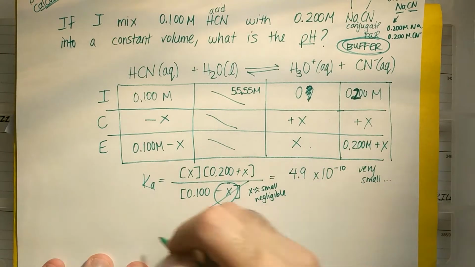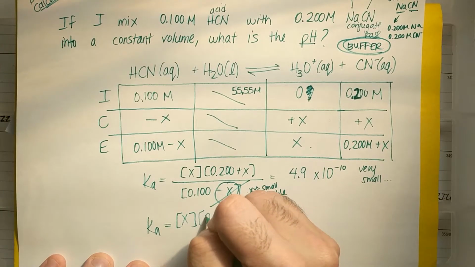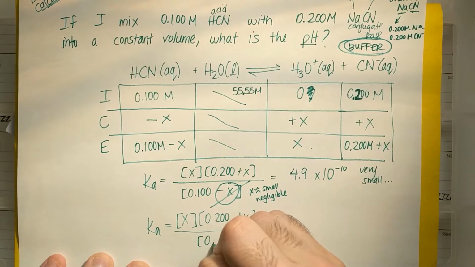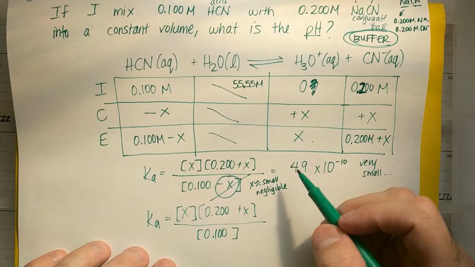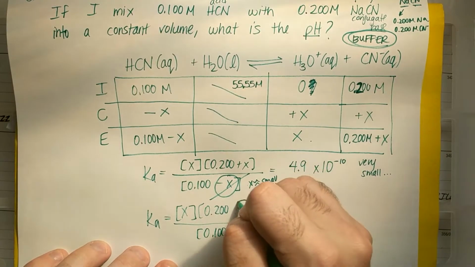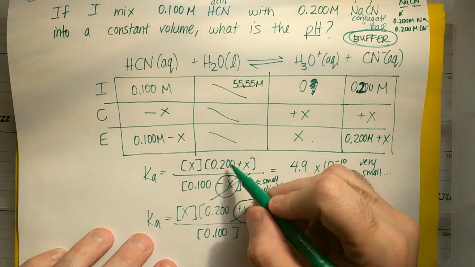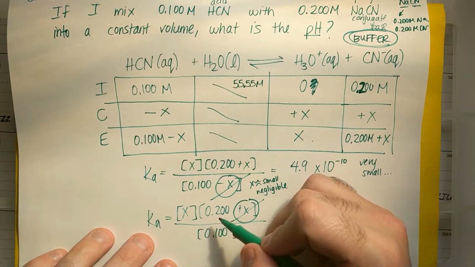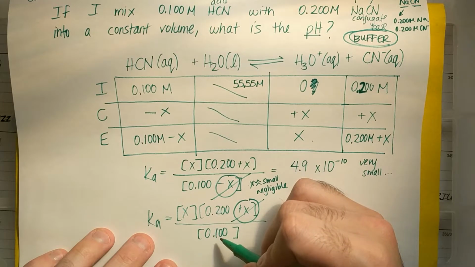So now I'm going to go down and say Ka is equal to x times 0.200 plus x over 0.1. But I have another x all over here. If minus x is negligible, then plus x can also be negligible. If I'm adding or subtracting a very small number, I'm probably going to get the original number back, which means my equilibrium concentrations are going to be pretty close to 0.2 and 0.1.